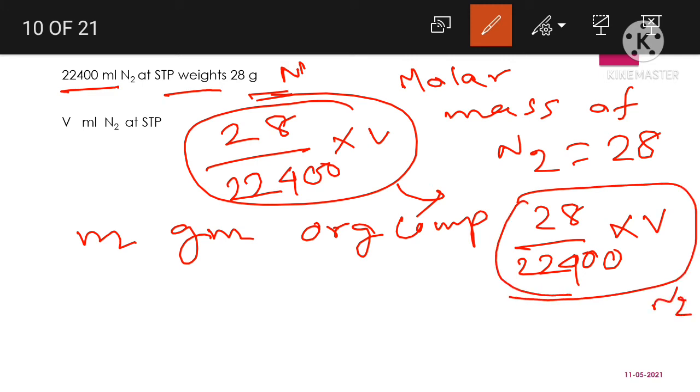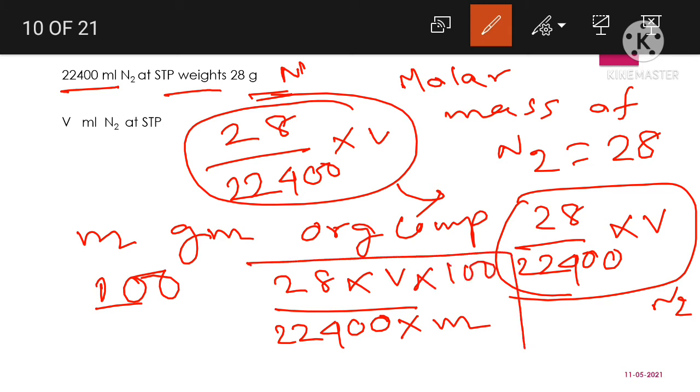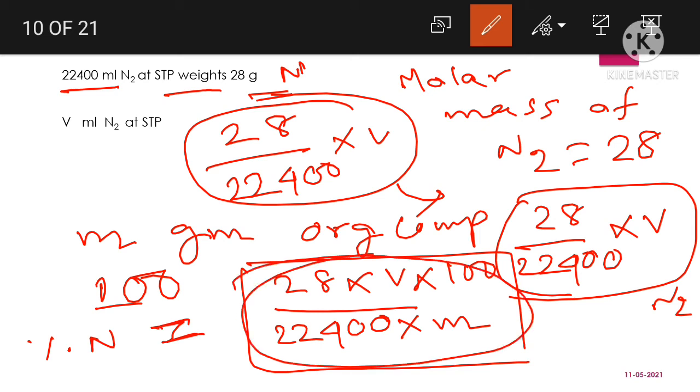By the unitary method, 1 gram will give 28 into V by 22,400 into m of nitrogen, and 100 gram of compound will give that into 100. So this is the percentage of nitrogen. This is the calculation from which we can determine the percentage of nitrogen present in an organic compound.